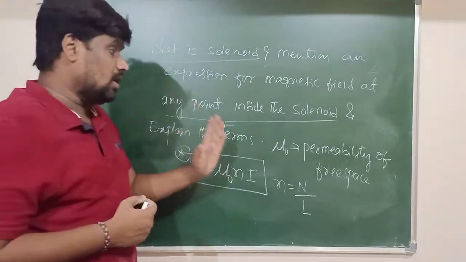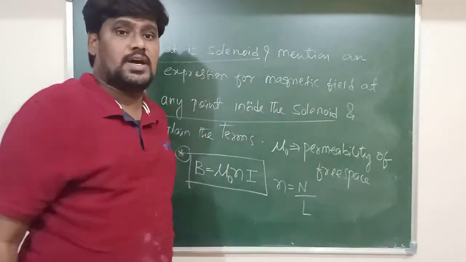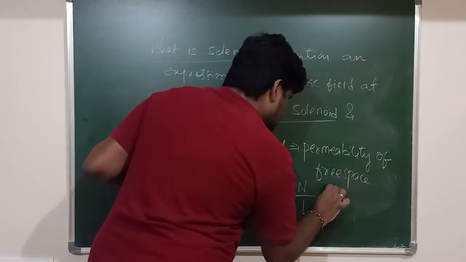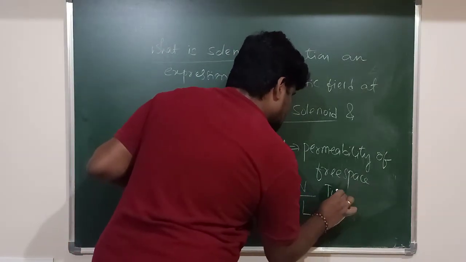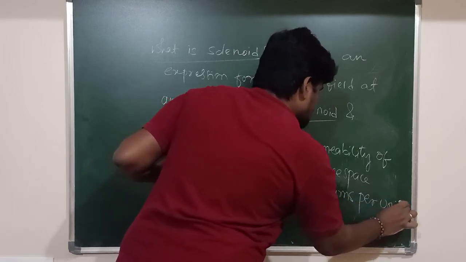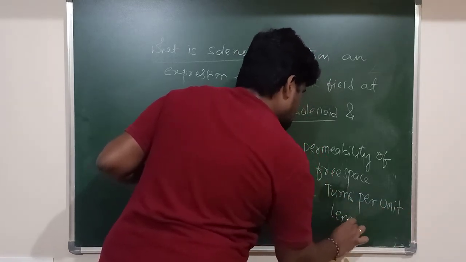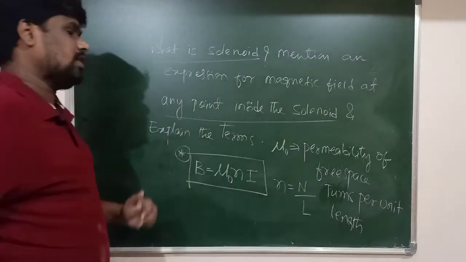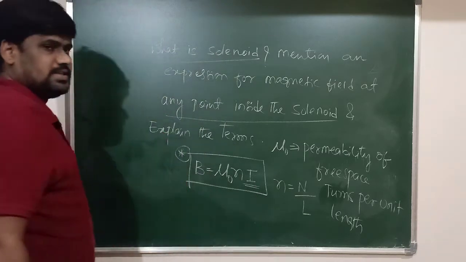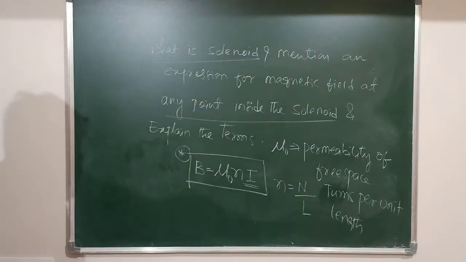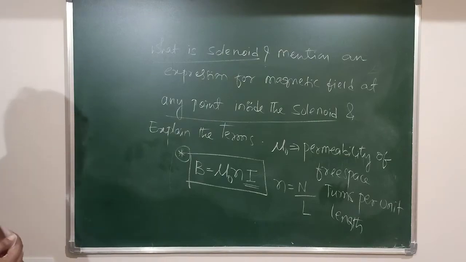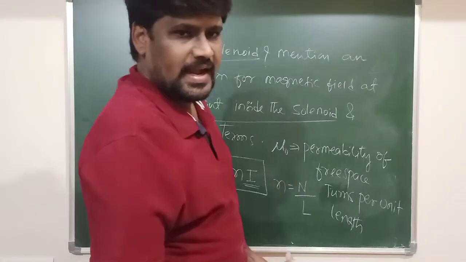Small n is the number of turns per unit length of a solenoid. What is I? I is the current in the solenoid. So this is the expression for the magnetic field at any point inside the solenoid here.